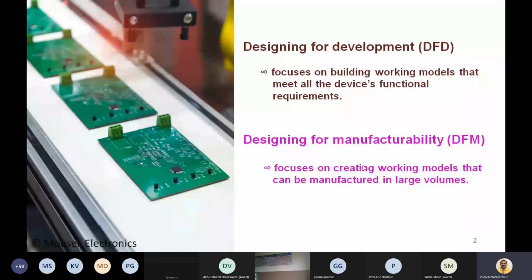Unexpected lead times due to the manufacturer not supplying the required components, and a high failure rate of products coming off the assembly line, because you did not think about what type of assembly line should be there at the time of product development. So you may be manufacturing 1000 units in a day, but you may be losing 100 of them, and that also adds cost to your product.